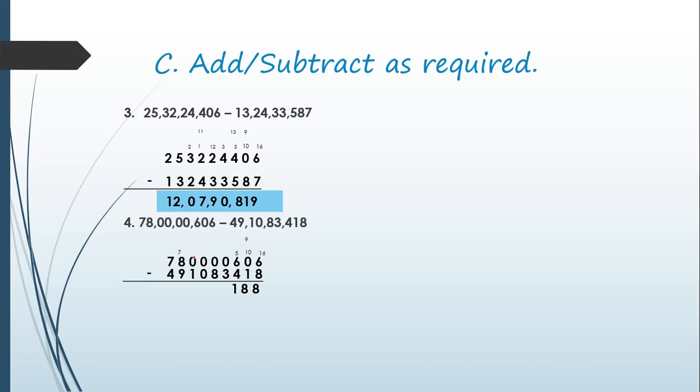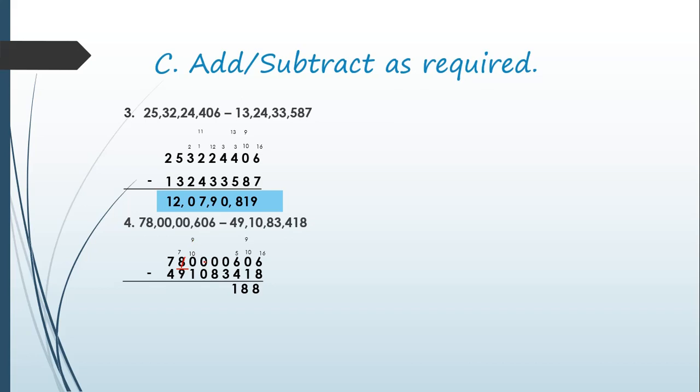After lakhs we have the ten lakhs place, and there also we have a 0. Again we can't borrow from this place. We'll move to the next place, that is crores. In crores we have a non-zero number, 8. If we borrow 1 from this 8, 8 becomes 7. The ten lakhs place 0 becomes 10. Once it became 10, now we can borrow from this 10, so this 10 will become 9.